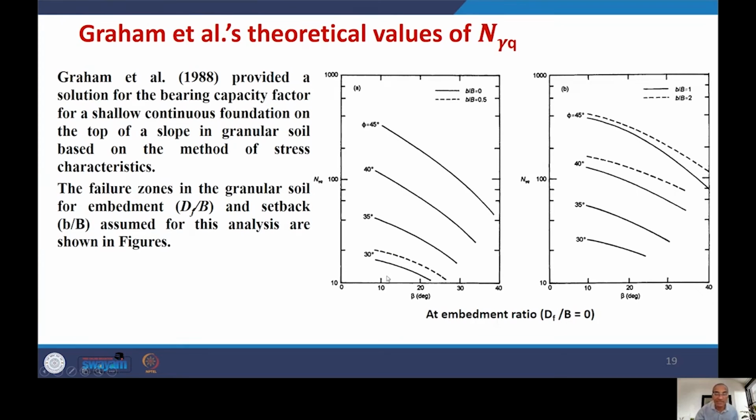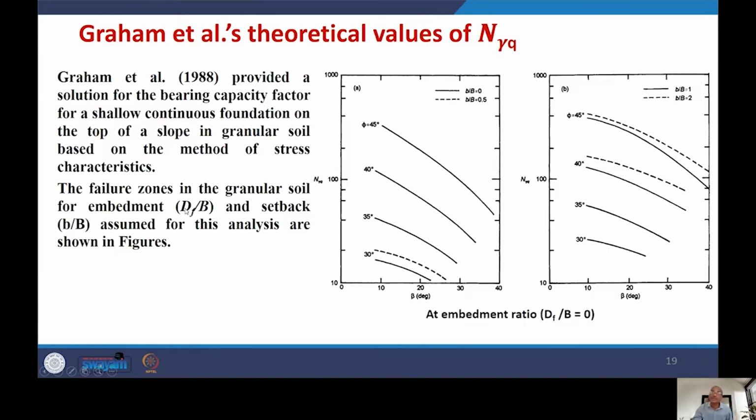Otherwise, when phi decreases, the factor also decreases. So this was the case for b/B equal to 0, a surface footing with small embedment, and b/B equal to 0.5. But with a larger embedment, the setback distance is increased.